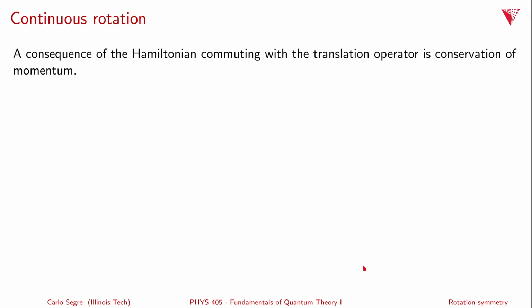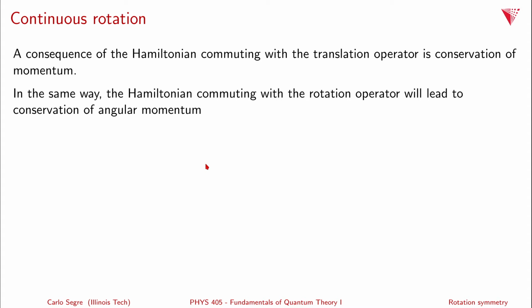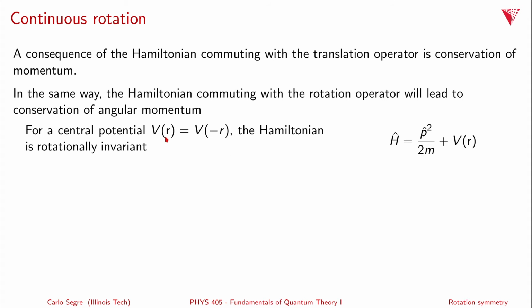A consequence of the Hamiltonian commuting with the translation operator was the conservation of momentum. Similarly, because the Hamiltonian will also commute with the rotation operator, this will lead to a conservation of angular momentum. If you have a central potential, that is, V of r is equal to V of minus r, then the Hamiltonian is rotationally invariant, the Hamiltonian being p squared over 2m plus V of r.